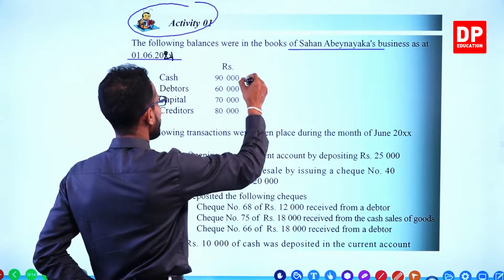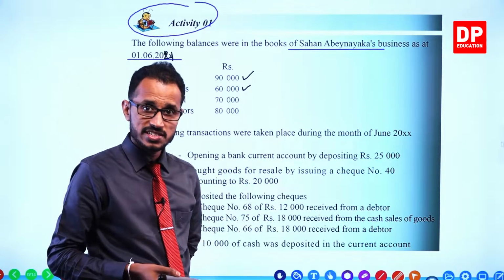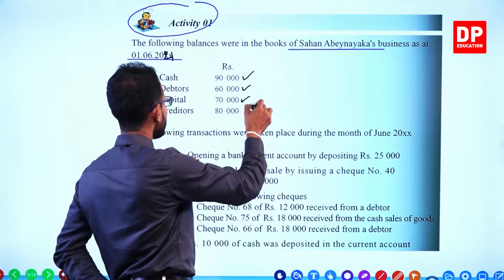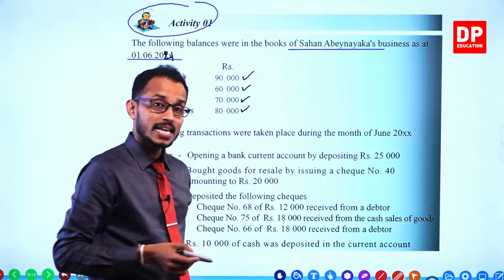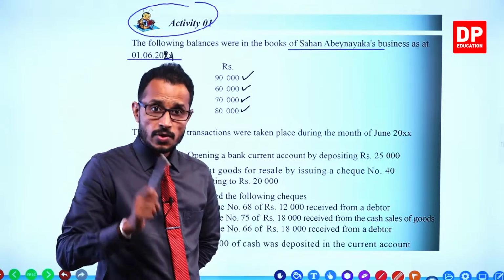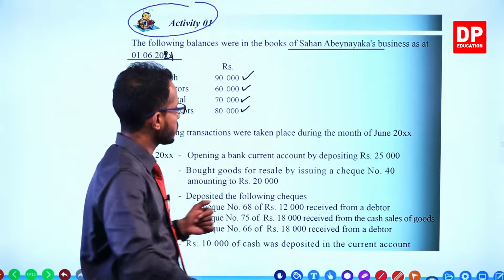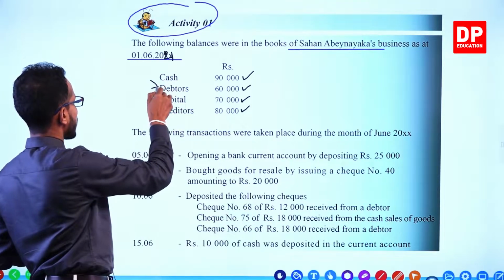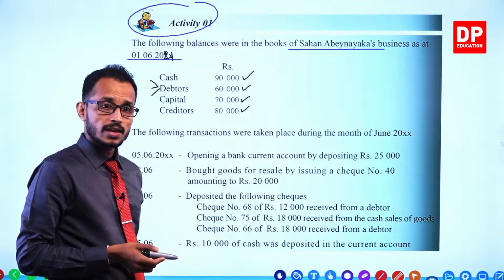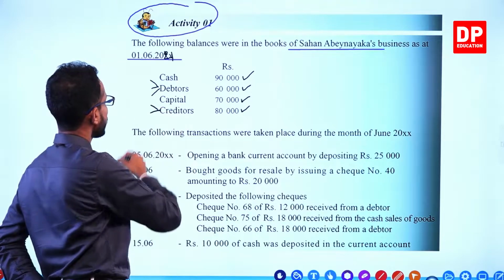Given balances, children, we have cash 90,000, debtors 60,000, capital 70, creditors 80,000. We have debtors and creditors. We don't have specific names of debtors like first, second, third. Likewise, we don't have specific names for creditors.